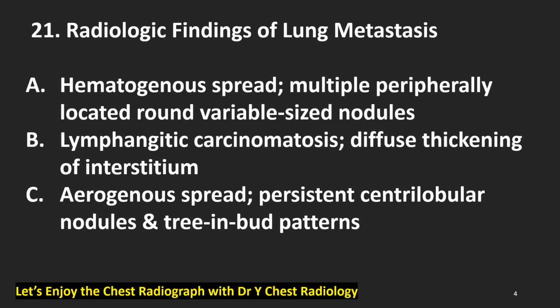Radiologic findings of lung metastasis. Let's get some information about the mechanisms and a glimpse of radiologic findings of the metastasis. A. Hematogenous spread. Multiple peripherally located round variable-sized nodules. This is the most common finding from hematogenous metastasis. B. Lymphangitic carcinomatosis. Diffuse thickening of interstitium.